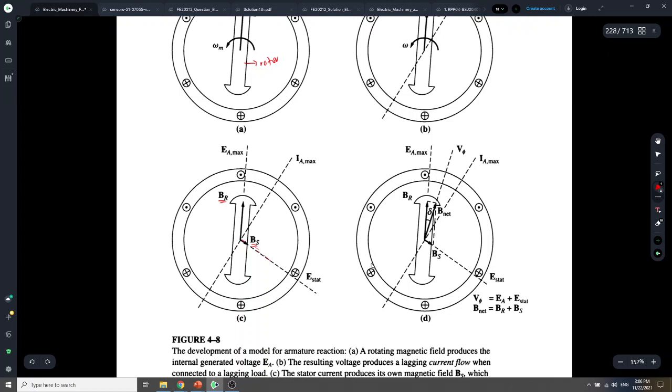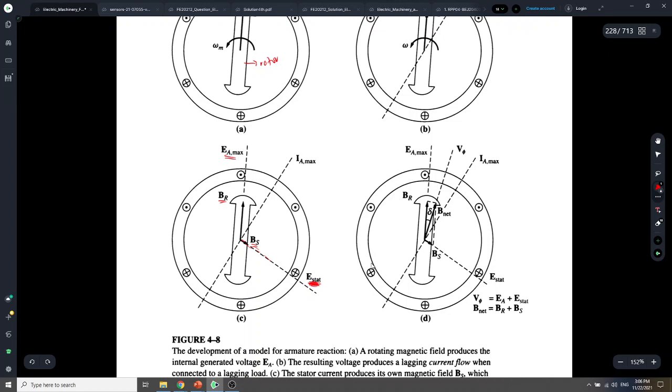So B stator ni pun dia akan produce juga. Dia akan produce magnetic field. So bila dia akan produce magnetic field, dia akan also induce a voltage di stator. Okay, so dia akan produce E stat. Nampak E stator ni. Okay, so EA plus dengan E stator ni.